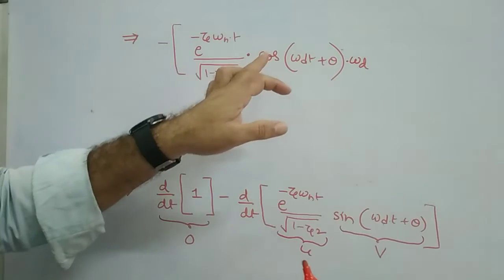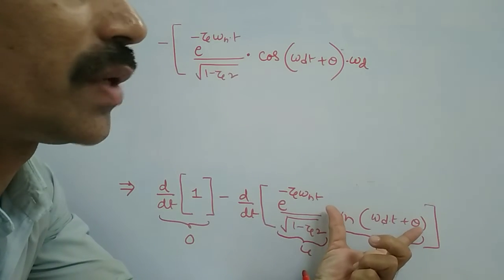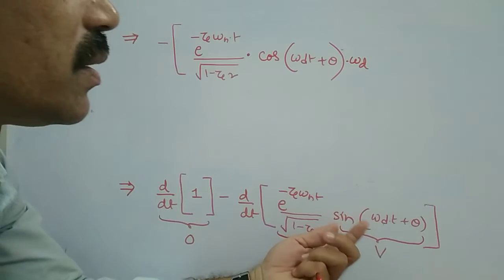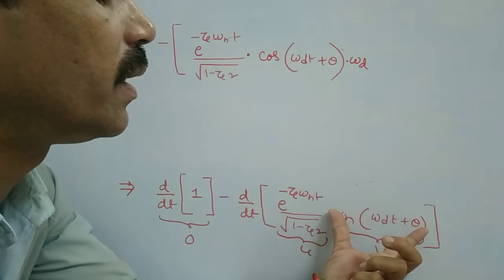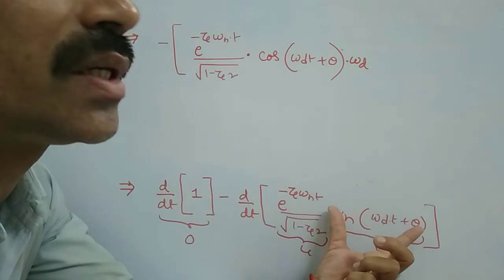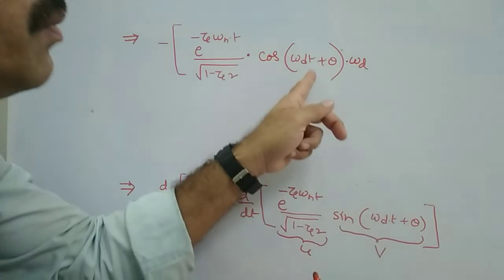Clear? The total function is a sine function, so that is differentiated first and converted to cos, and the remaining everything stays as it is.